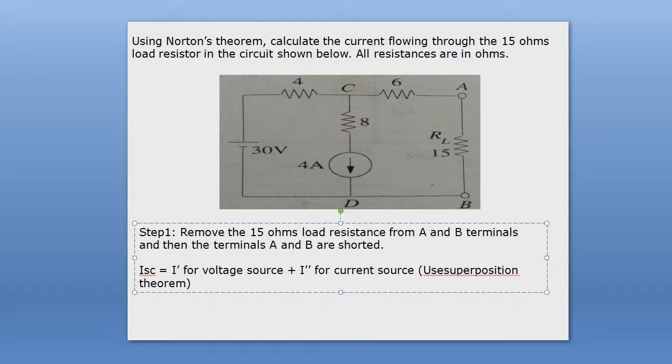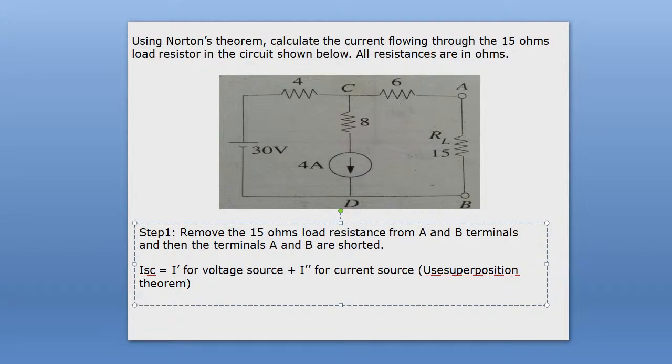Okay, tell me, anyone, what will be the value of short circuit current for this case? When current source only is present, at that time you tell me, and when voltage source only is present, at that time you tell me what will be the value of current.